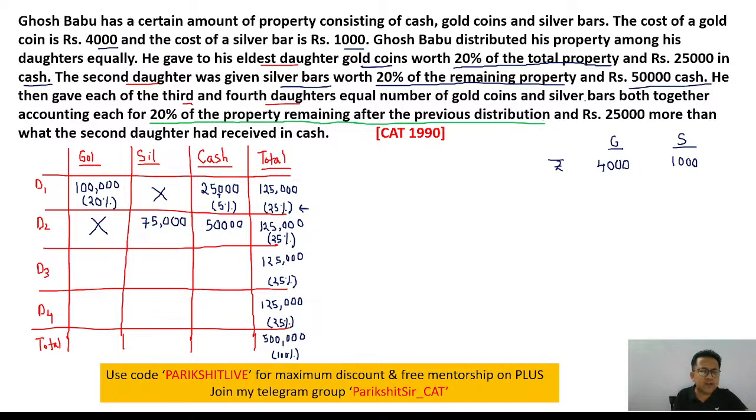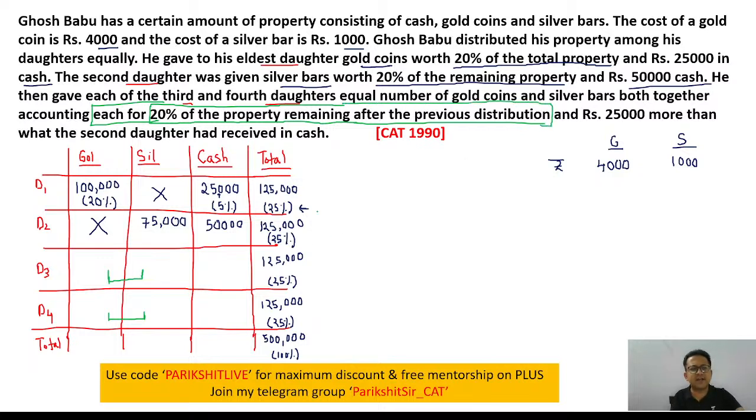Equal number of gold coins and silver bars, both together. So gold and silver together, this number is given to us. How much is it? It accounts for 20% of the property remaining, each accounting for 20% of the property remaining after the previous distribution.